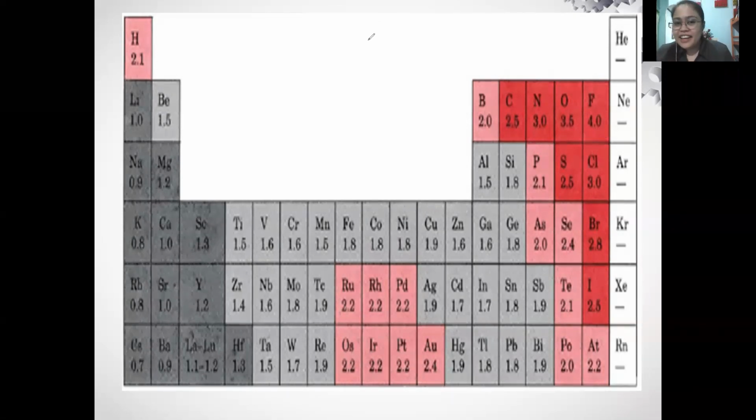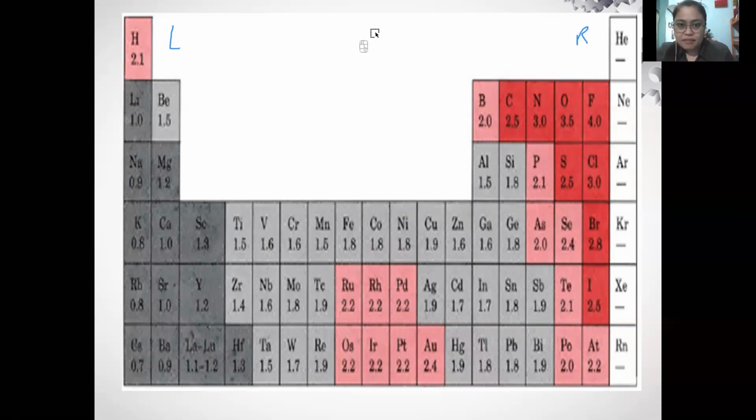So, again, the trend is from left to right, nag-i-increase. And then, from top to bottom, nagde-decrease naman ngayon.